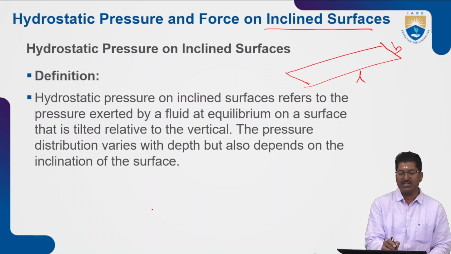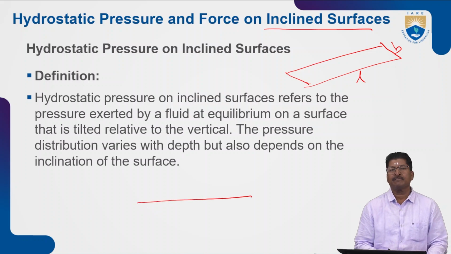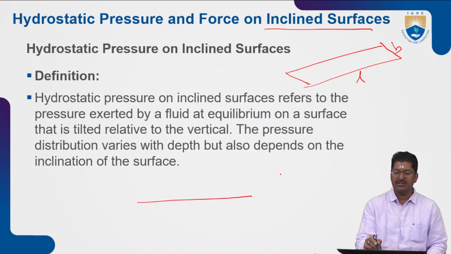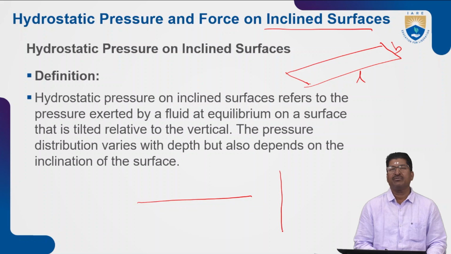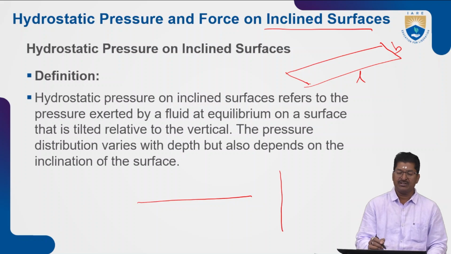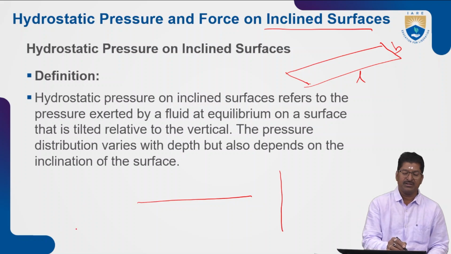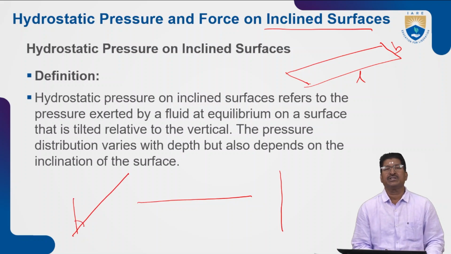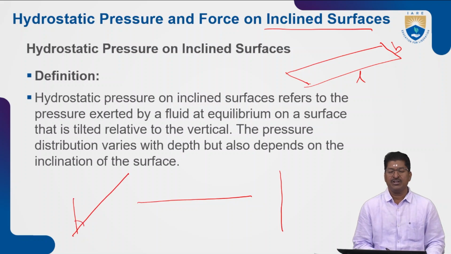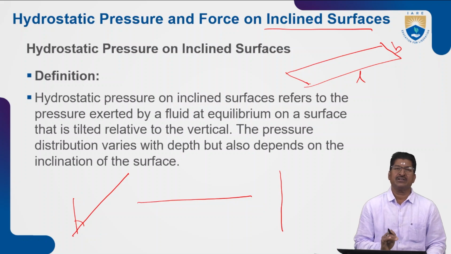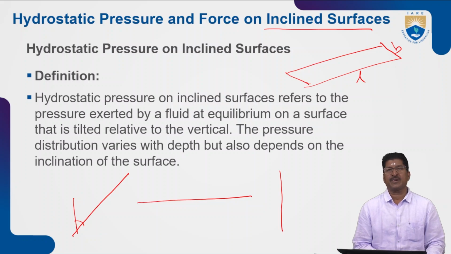The surface can be in a horizontal position, or in a vertical position, or at an inclination of theta degrees. These are three different conditions of submerged surfaces: horizontal, vertical, and inclined.